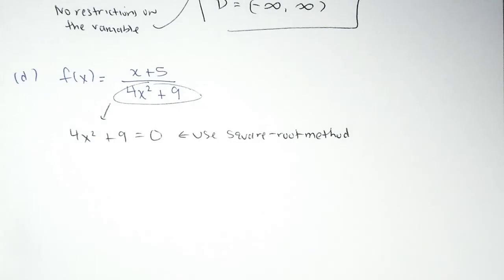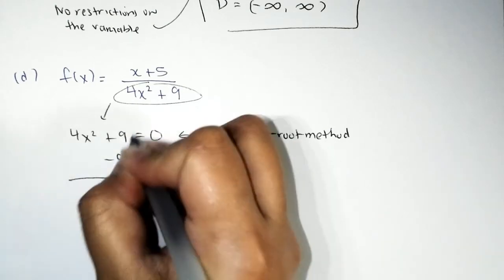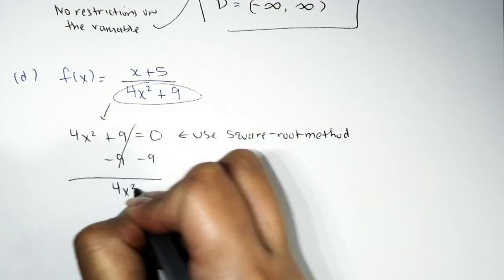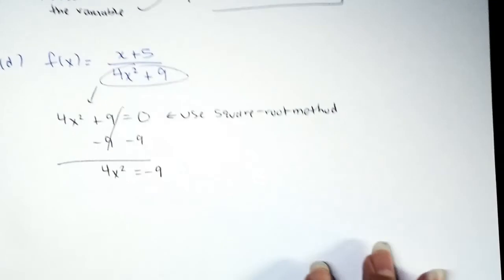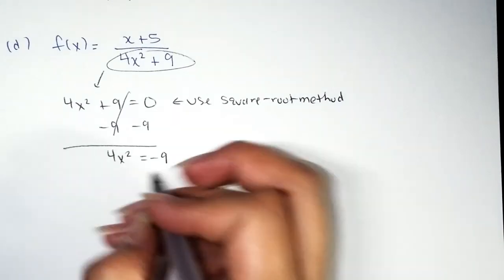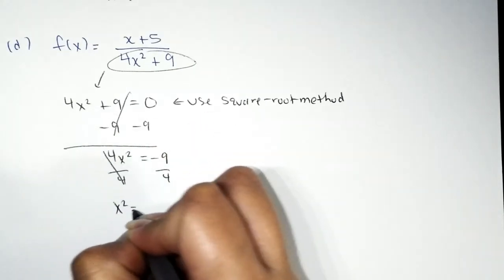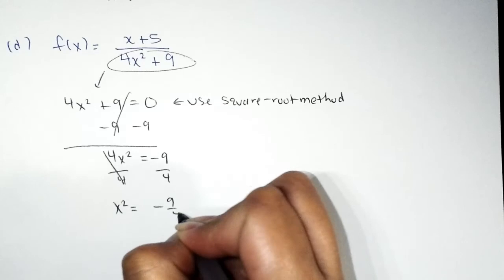Let's isolate the squared part. We subtract 9 from both sides, and that leaves us with 4x squared is equal to negative 9. To get rid of the times 4, let's divide both sides by 4, and that gives us x squared is equal to negative 9/4.